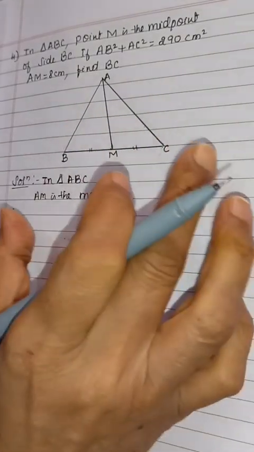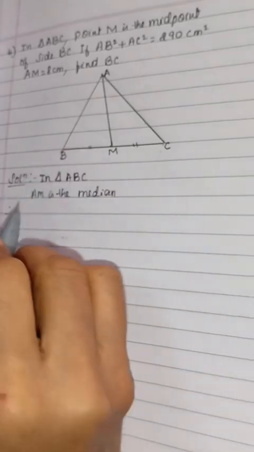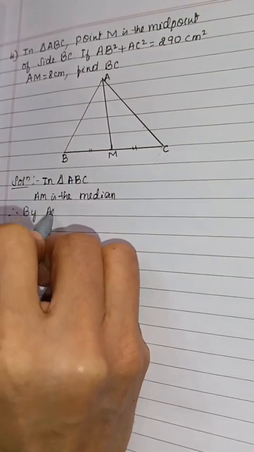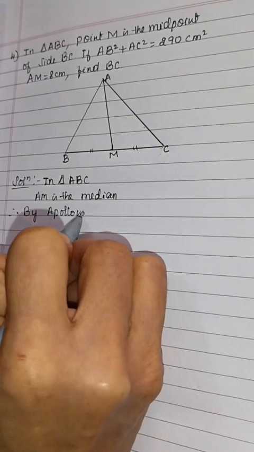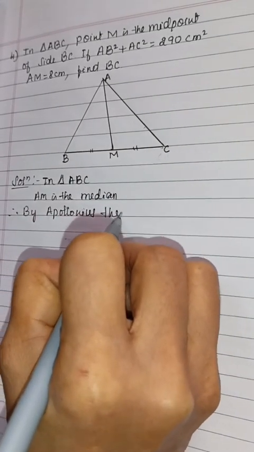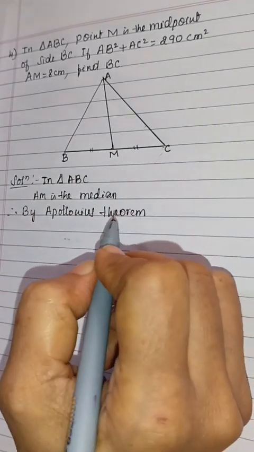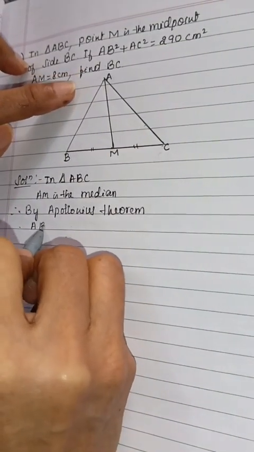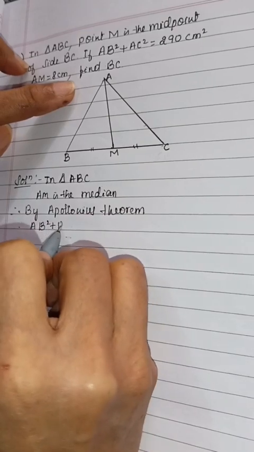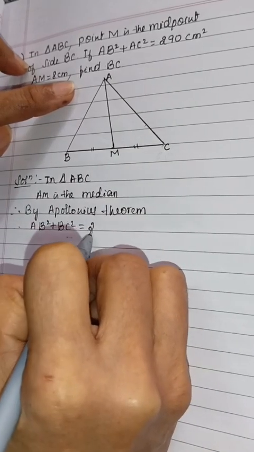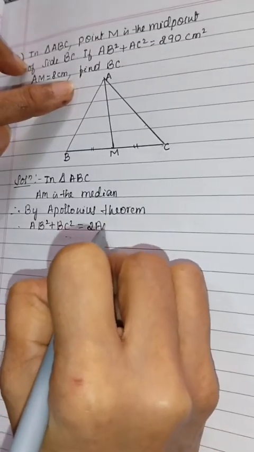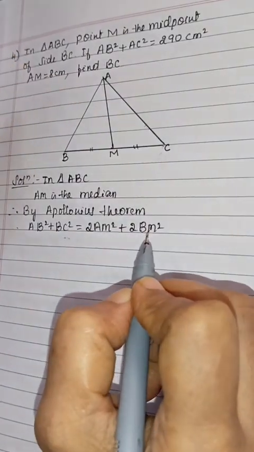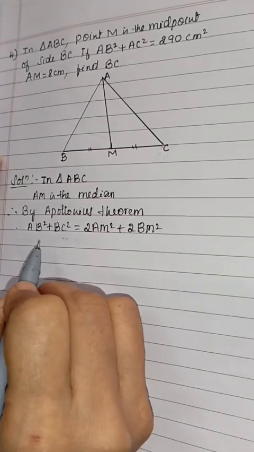Therefore, by Apollonius theorem, AB square plus AC square equal to 2AM square plus 2BM square. Now substitute the values.